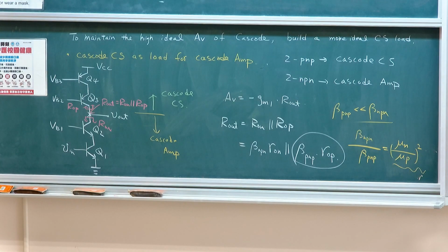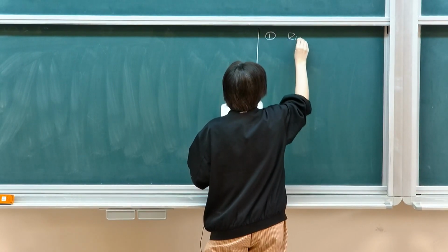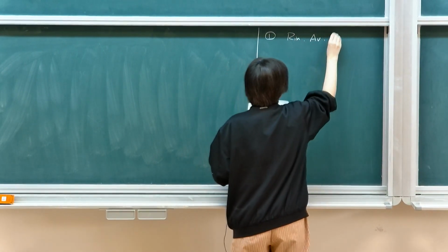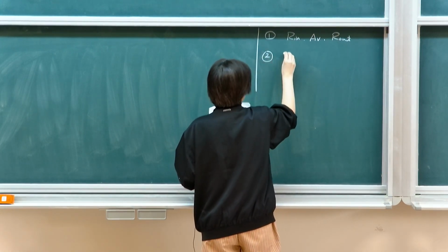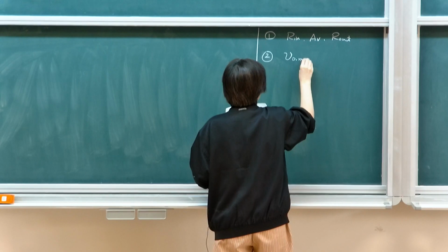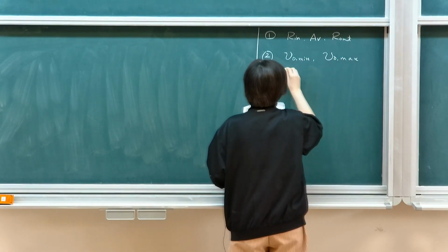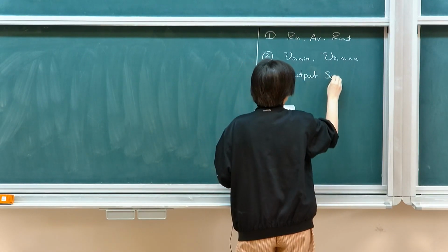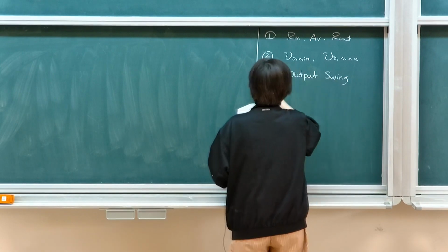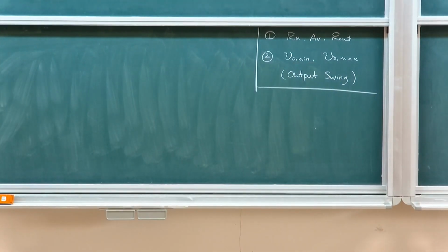So the target is to find your Rin, voltage gain, RL. And then the second thing is to find VO minimum. We call the output, this is called the output swing. What is the maneuver room of this amplifier, allowing the output voltage to change?